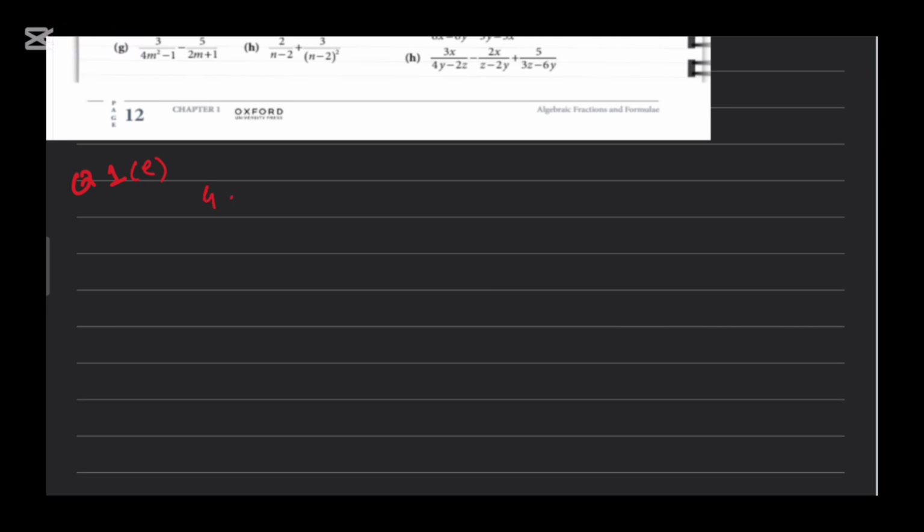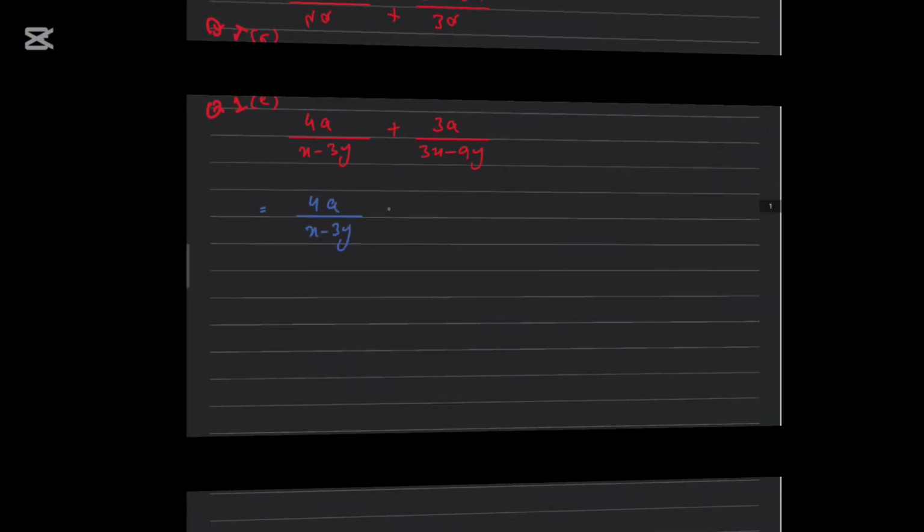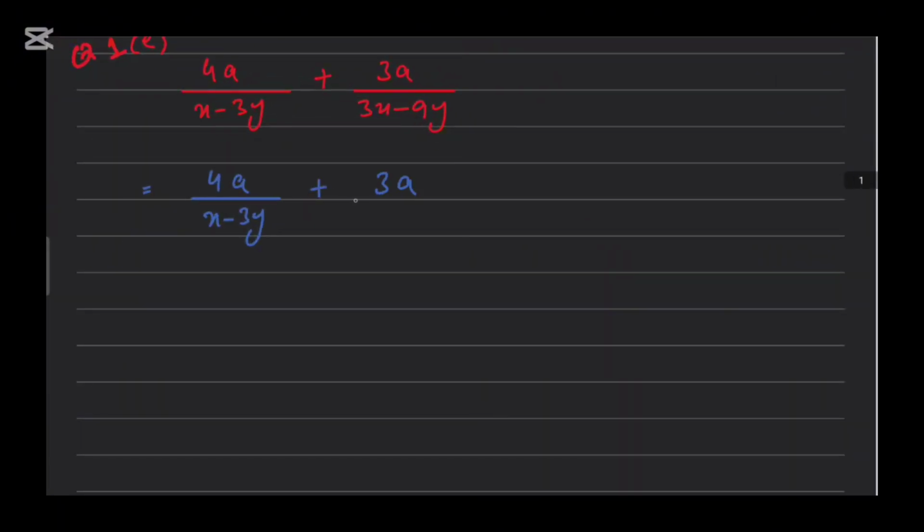Okay, 4a over x minus 3y as it is, plus you can make the second denominator x minus 3y by taking 3 common. If you take 3 common, it will become x minus 3y.